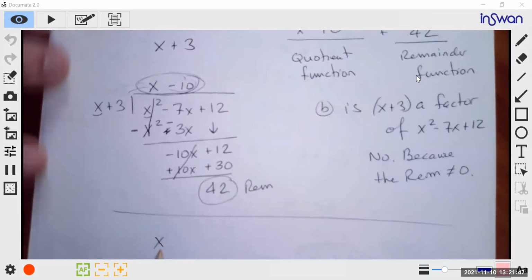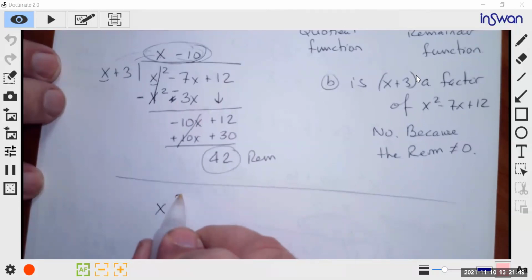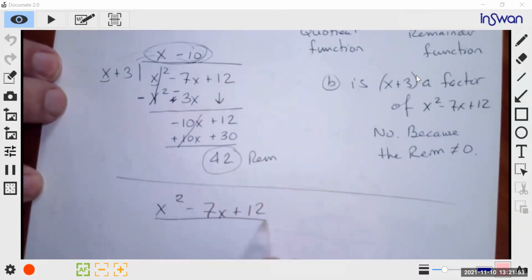Let's try another one. Since we know x plus 3 doesn't work, let's try x minus 3.